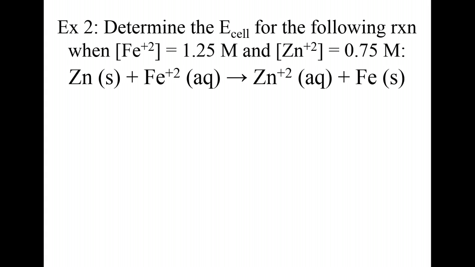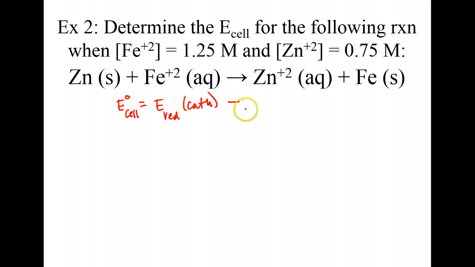And so if we take a look at the Nernst equation, which is E equals E standard minus 0.0592 over N log of Q, we had that a couple slides ago, we do have to start by using Appendix E. So if we first determine our standard E cell for this reaction, we'd have to find the reduction potential for the cathode.